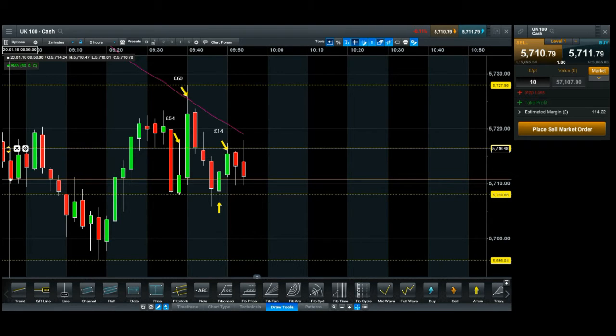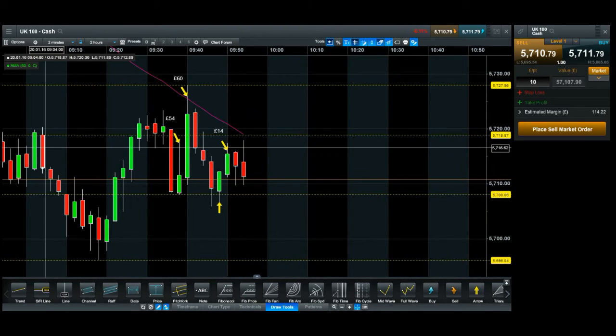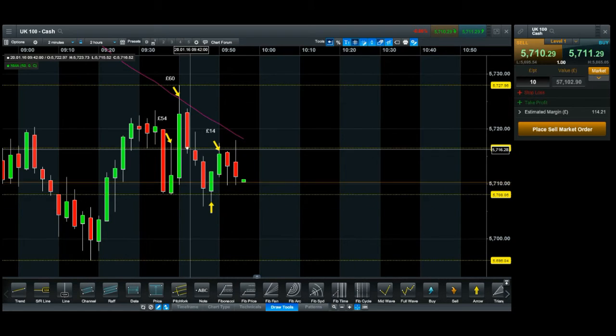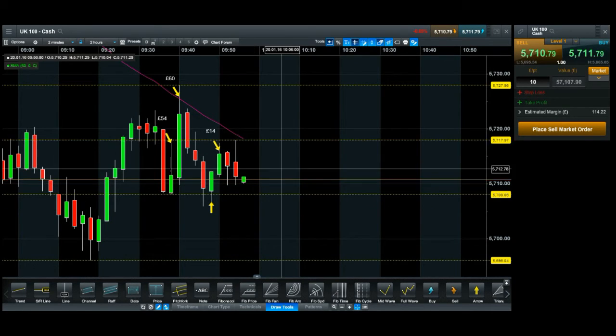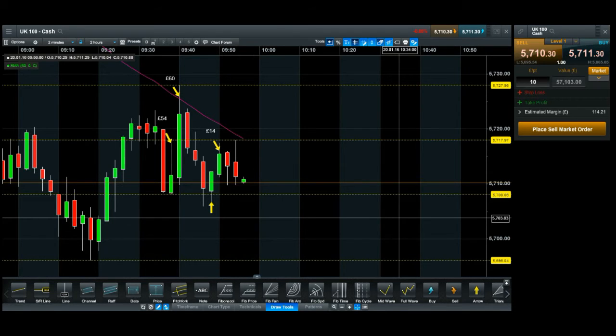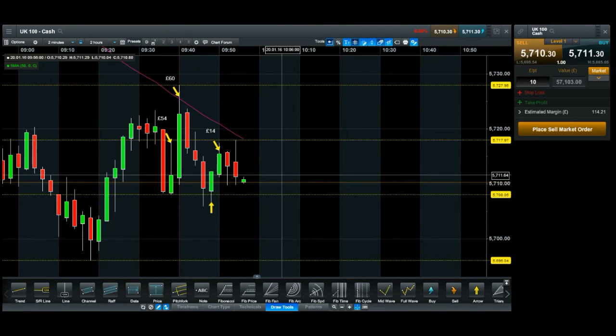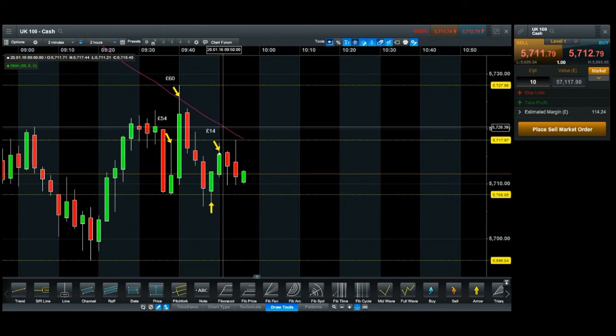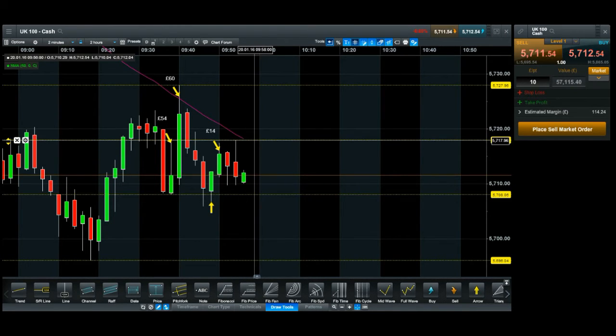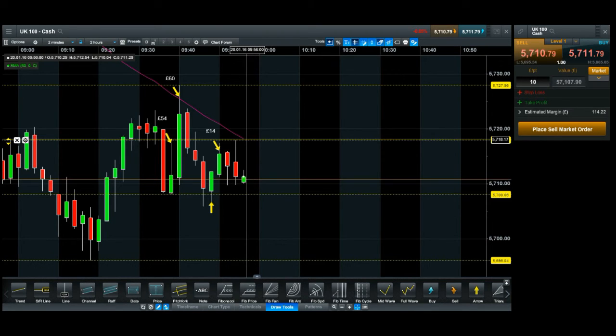Okay. At this point, I'm going to move this a little bit higher because that was a turning point. This is a perfect place. That's where the simple moving average and the support and resistance line are met.